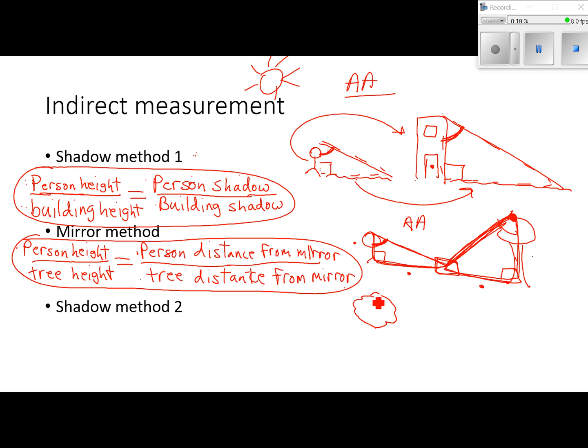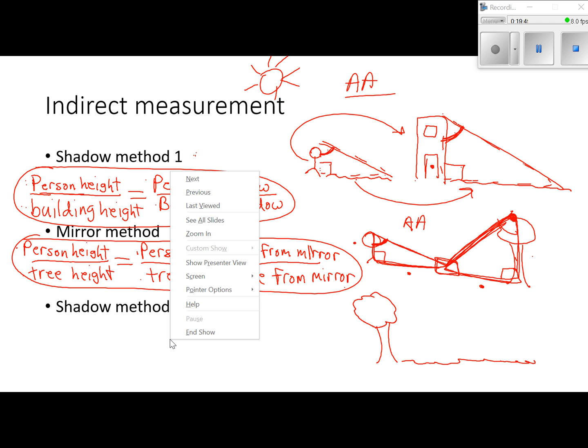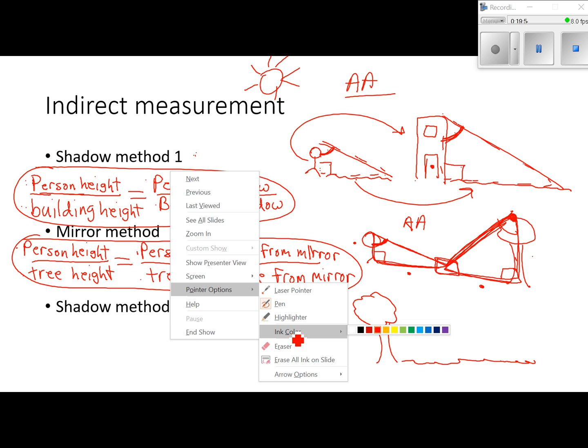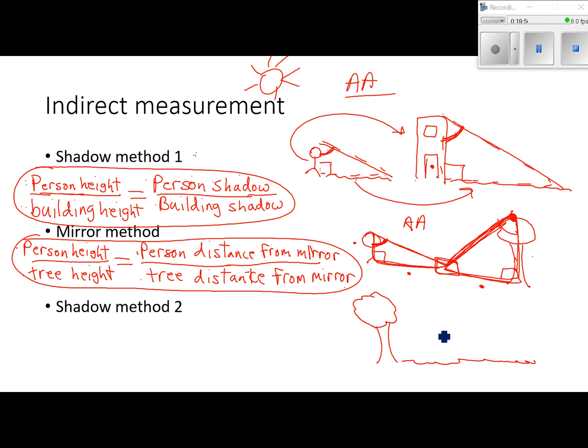So if I have a tree, and that tree has a shadow, and then I have a person, and that person, this time, instead of like the top one that we did up here, stands on the tree's shadow and lines up the end of their shadow with the end of the tree's shadow right there.